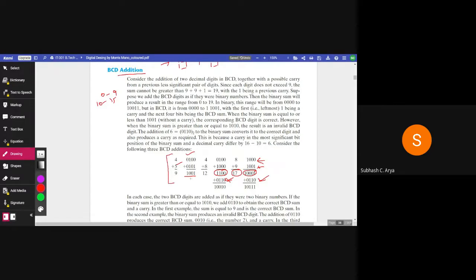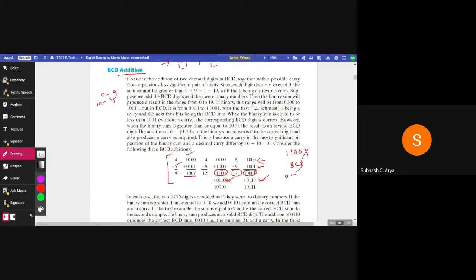So that is why there is no need to add 6. However, if we want to write 4 plus 8, it will be 12, and 12 is written as 1100, which is not a correct BCD representation. 1100 is not a BCD number.